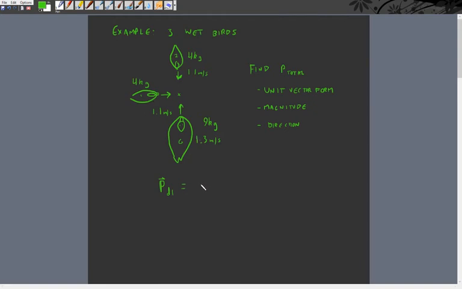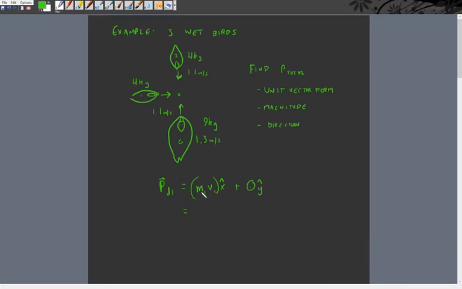So what we're going to do here is say the total momentum for duck 1 is the duck's mass times his speed in the x-hat direction, plus 0 momentum in the y-hat direction. So this is his component of momentum in the x direction. This is his component of momentum in the y direction. And writing it out like this allows us to treat it as an algebraic expression. Okay?